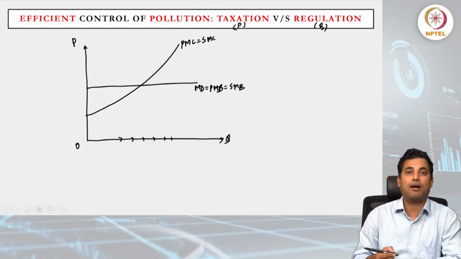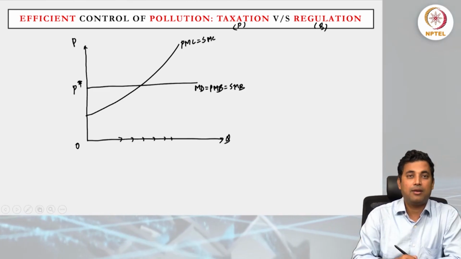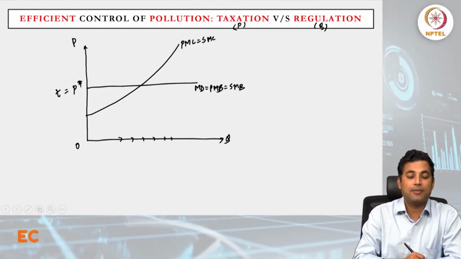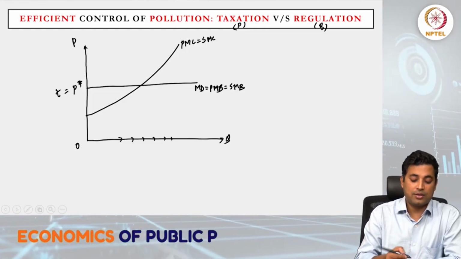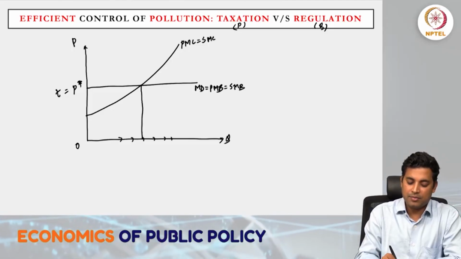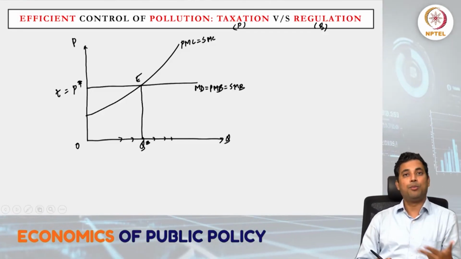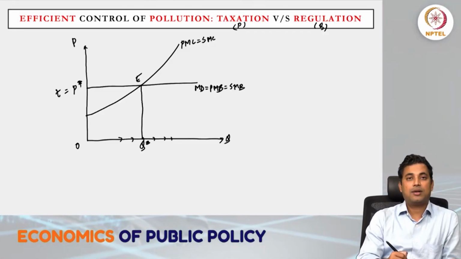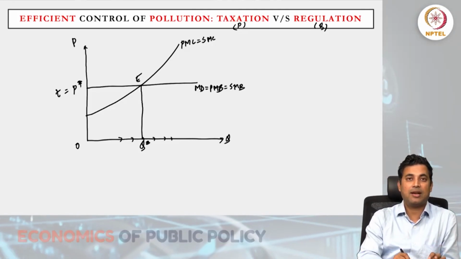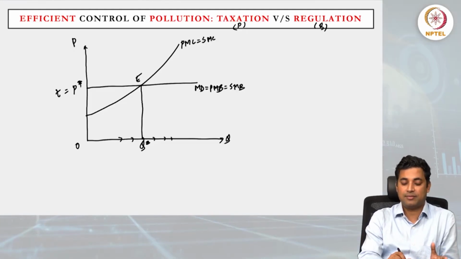And then this is the marginal damage, or private marginal benefit or social marginal benefit. These are equal to each other, and at P star we get the tax, or the cost of pollution, and the equilibrium is at point E and at Q star. So here are 2 points. P star on the vertical axis is the taxation, the government regulation through price.